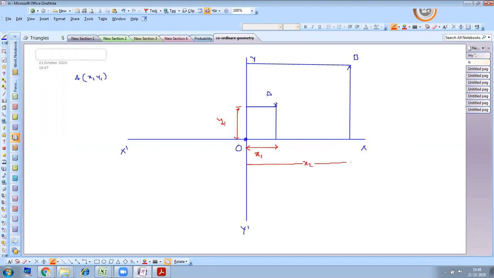Everything is measured from the origin because it is the reference point. This is y2.